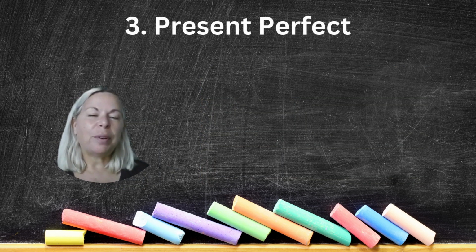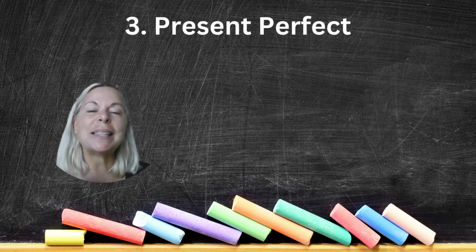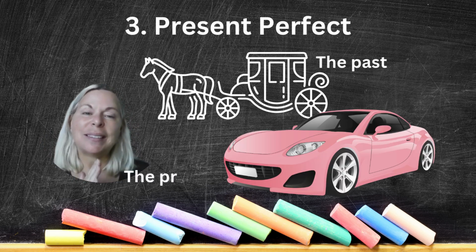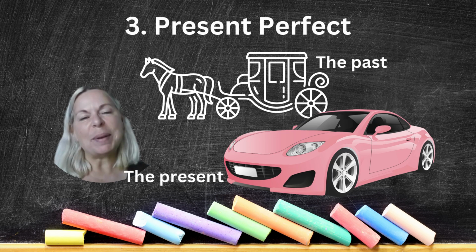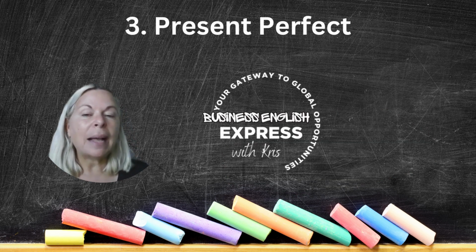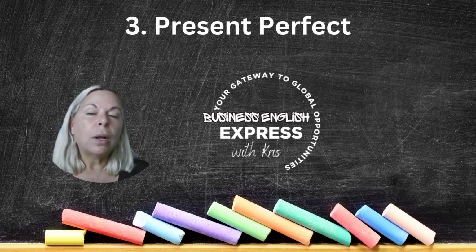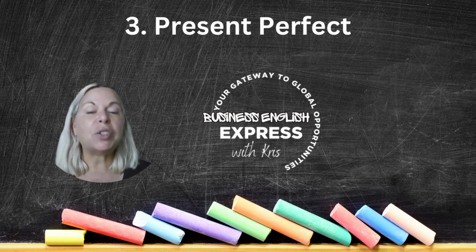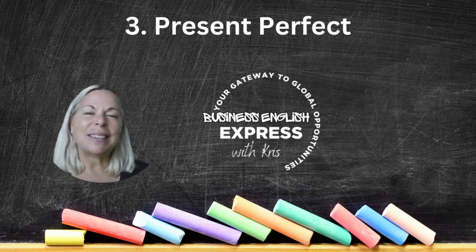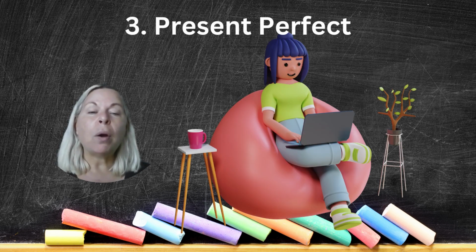The present perfect is a bit special because it connects the past and the present. We use it to talk about something that happened at some point in the past, but we don't specify when, or we use it when something started in the past and still affects the present. For example, I've finished my homework.